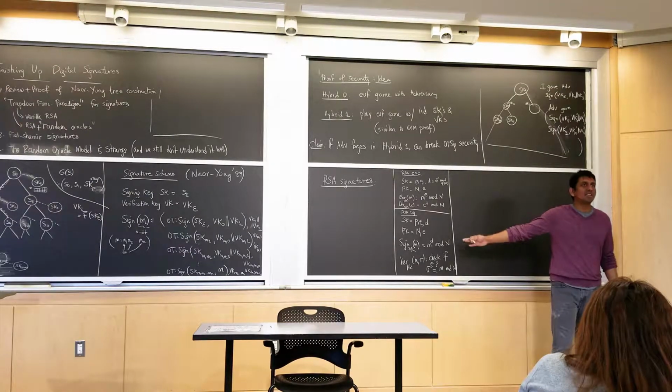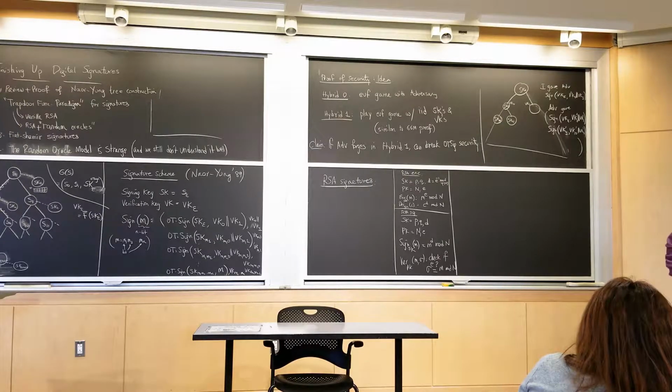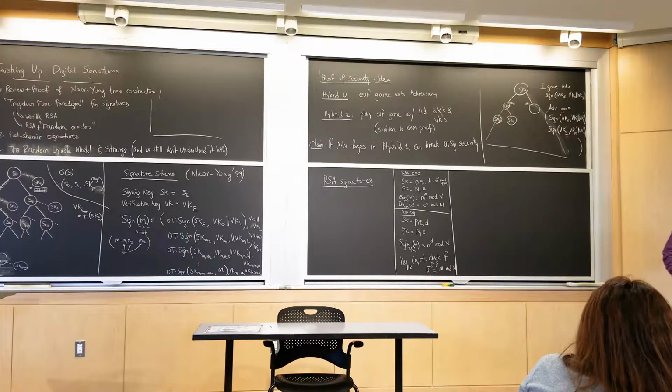But is this a good signature scheme? Alex, what's your objection? Can't I just pick a sigma and then raise it to the e and call that my message? No, I give you a message. Okay, fine, but you gave it away.